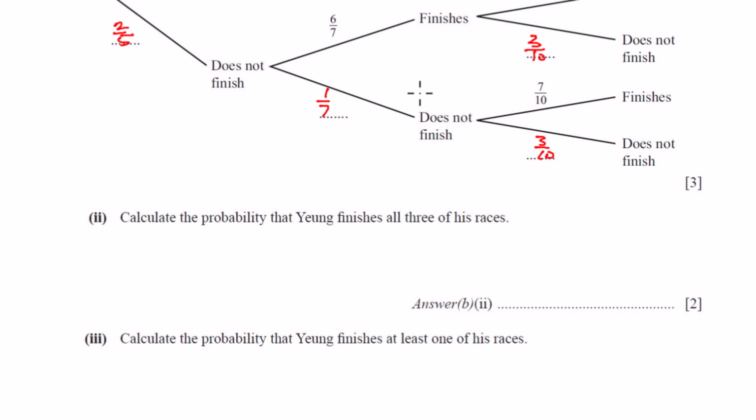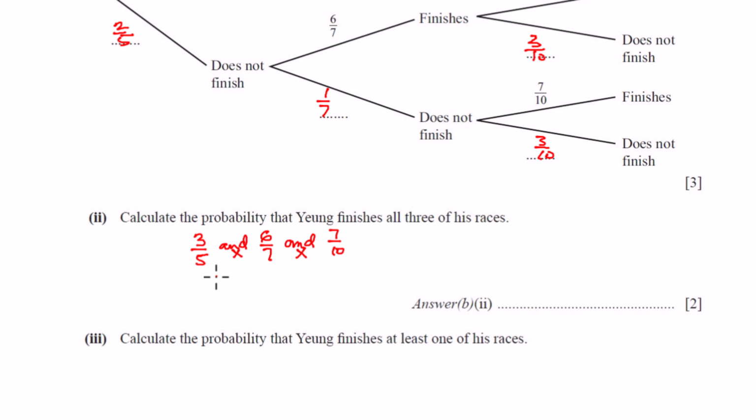Now calculate the probability that Young finishes all of the 3 races. For him to finish all of the 3 races, it's going to be the probability that he finished the first one, which was given as 3/5, and that he finishes the second one, which was given as 6/7, and he finishes the third one, which was given as 7/10. Like I said, "and" simply means multiplication. So go ahead and multiply them together.